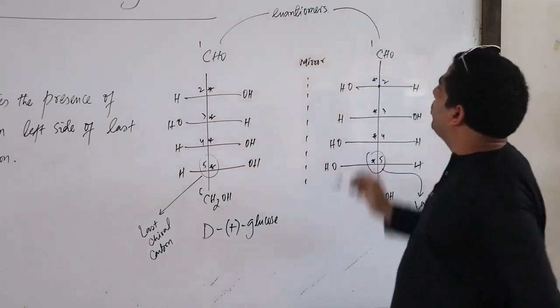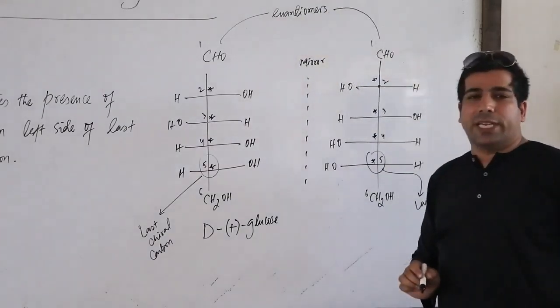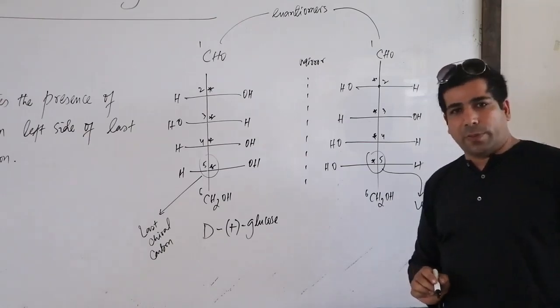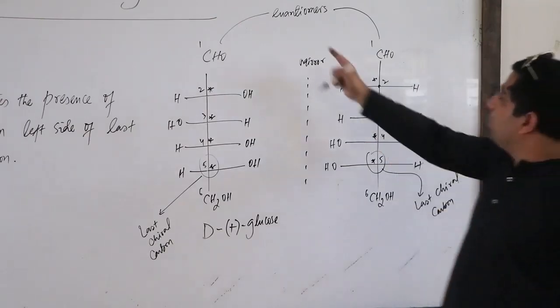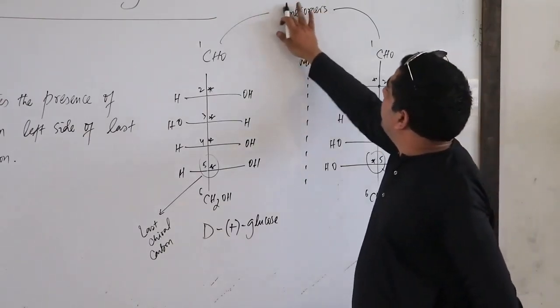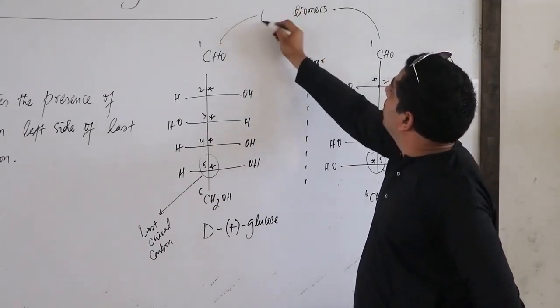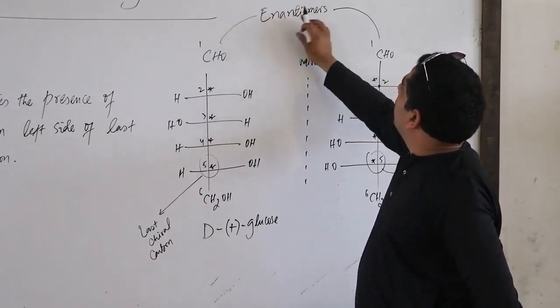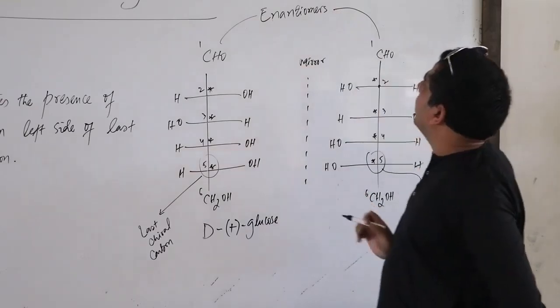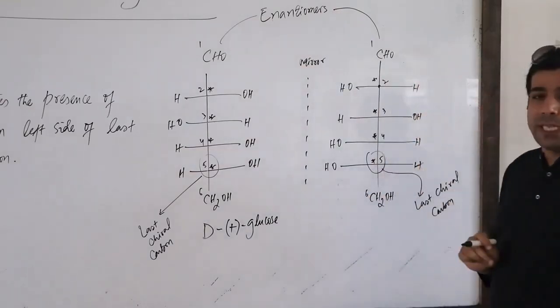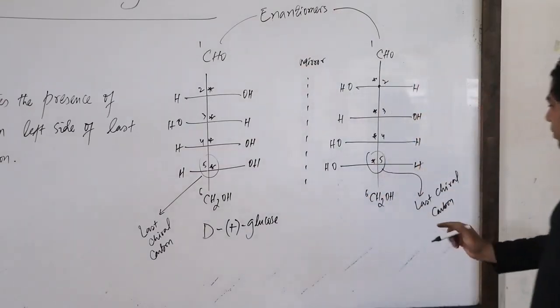And you know that enantiomers will have optical activity exactly opposite. You got my point? Okay. So the enantiomers that we mentioned here, they have different optical activities. Let's have a look at it.